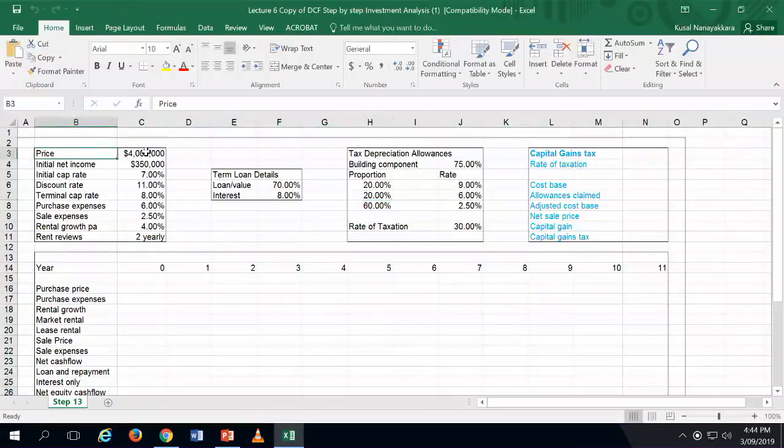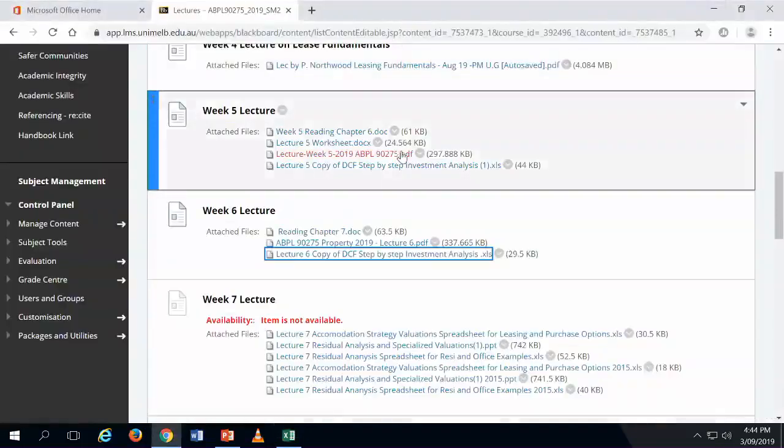These are the information. Before I go through that, can I go back to the last week lecture?